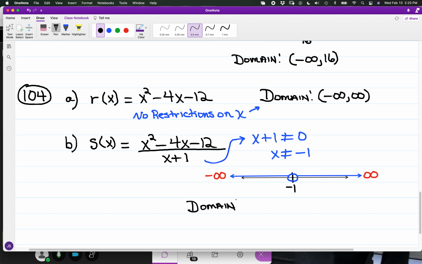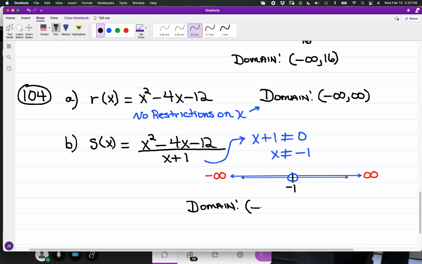You have one specific exclusion from the domain, and with each exclusion you're going to have an added subset to describe the domain in interval notation. So you have one exclusion, so there'll be two subsets.